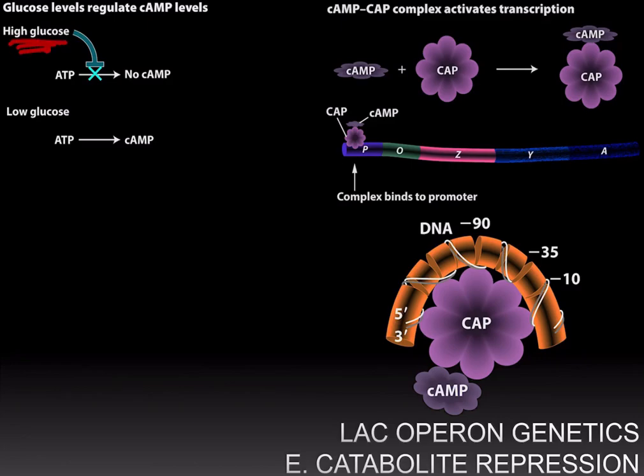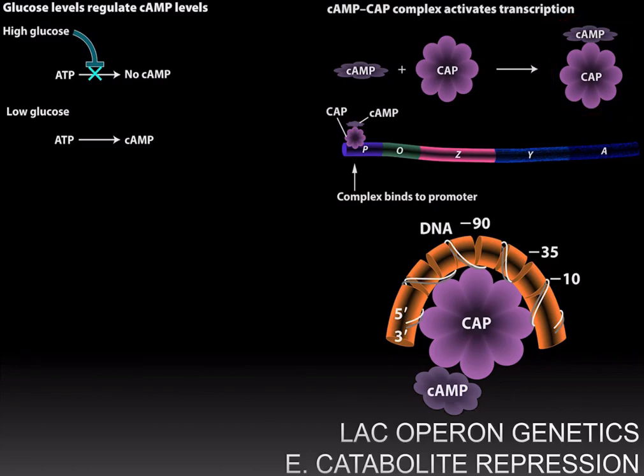However, glucose inhibits this conversion of ATP into cyclic AMP. Now, when there is very little glucose, there are high levels of cyclic AMP, which will bind this protein called the Catabolite activator protein, or CAP. And so cyclic AMP will form a complex with CAP.